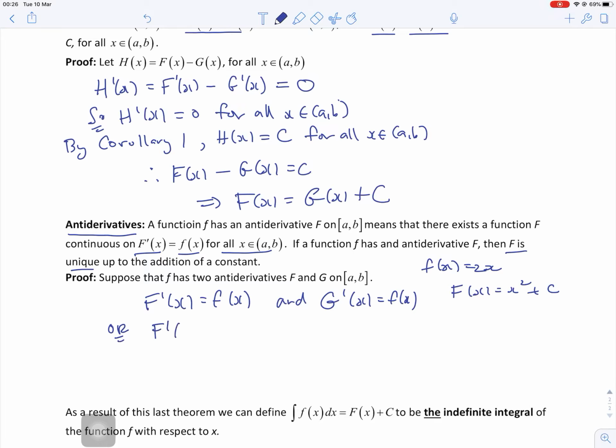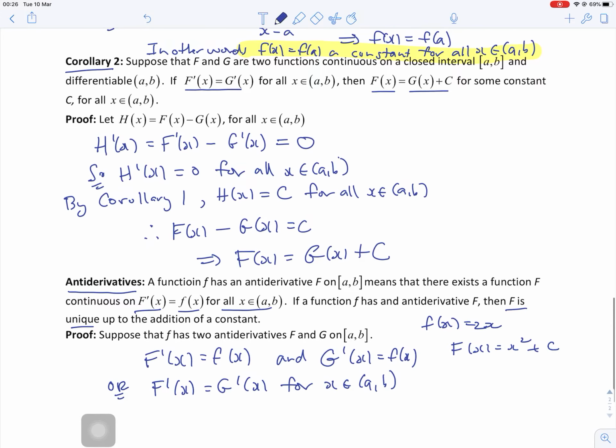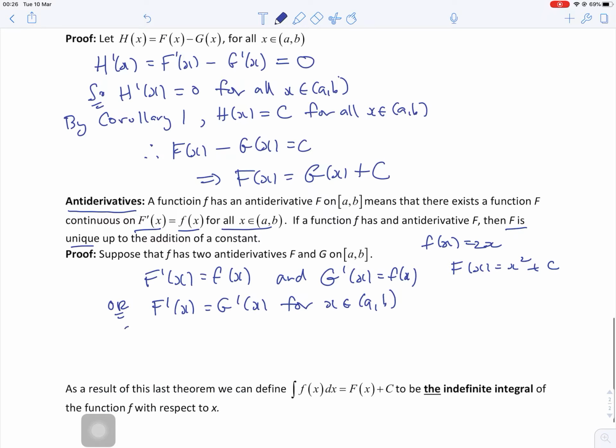Or in other words, F prime of x would equal G prime of x for all x in the open interval (a, b). And we just proved by corollary 2 that what that implies is that the only difference between F of x and G of x is a constant.